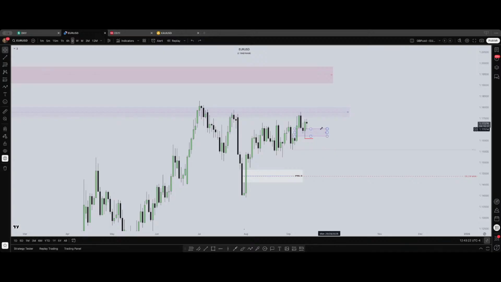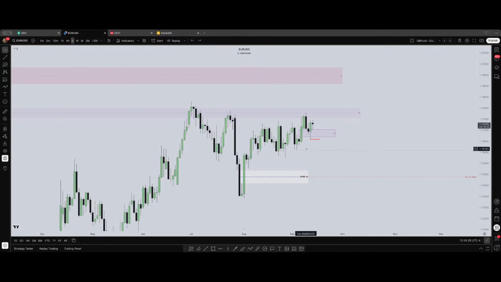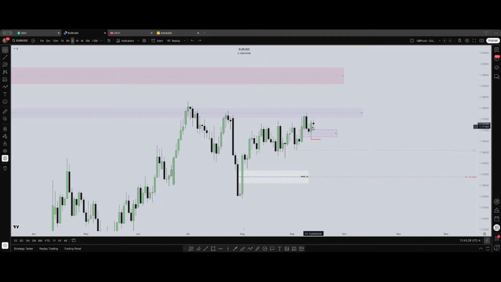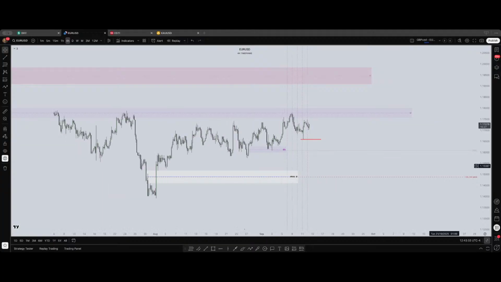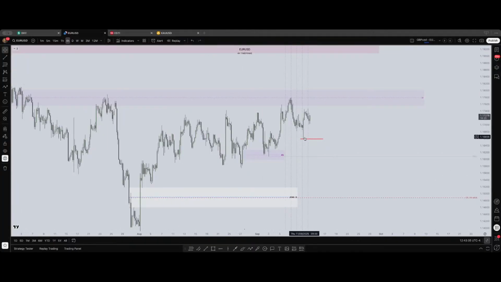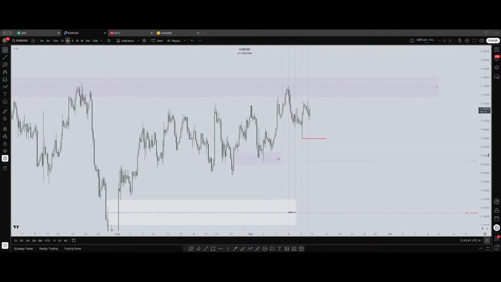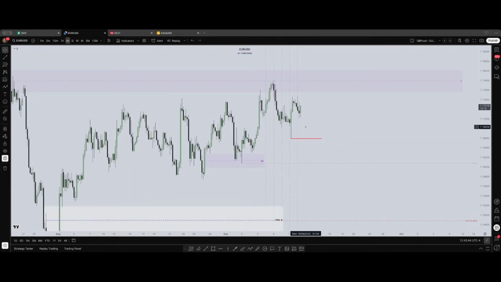So it's a bit difficult to tell you now, but in the long term I'm still bullish. You see this low, that's a low I want to see broken. If not, there's no change of direction.